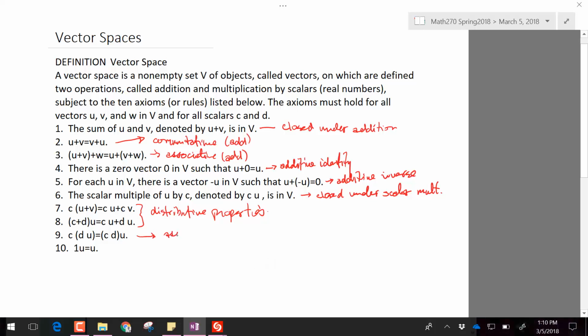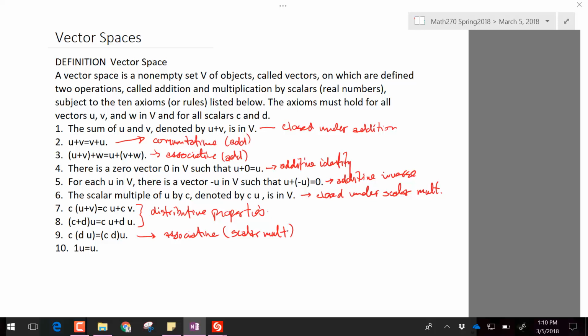What's missing here? What seems to be missing? Look at the top part. Look at the first 5. Yes, there's no commutative.